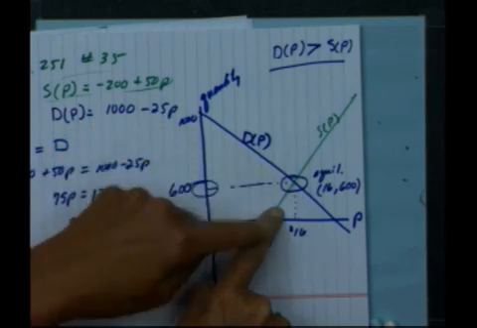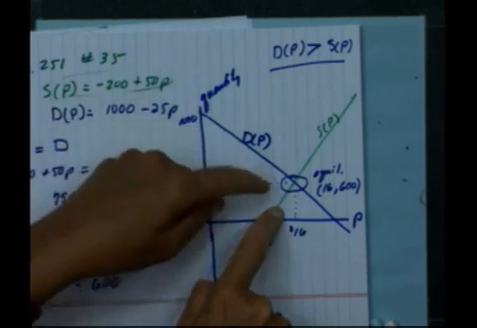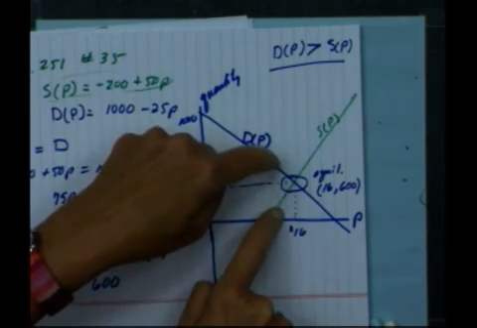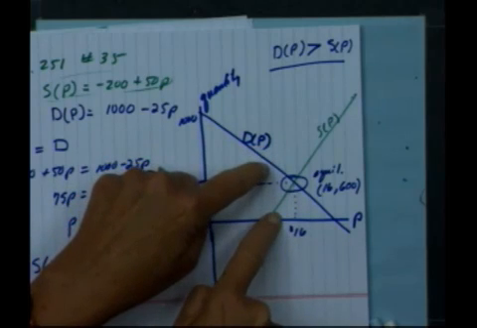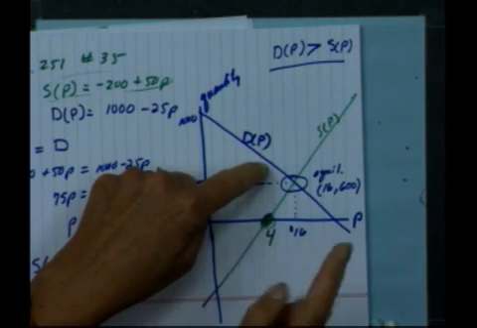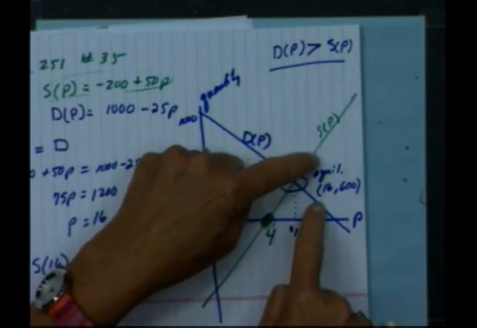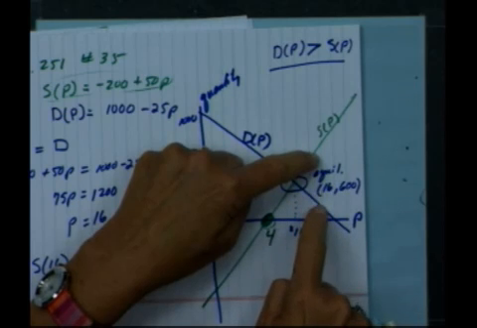D of P is bigger. You got bigger values. So when you are less than $16, the demand is greater than the supply. When you're bigger than 16, the supply is bigger than the demand.